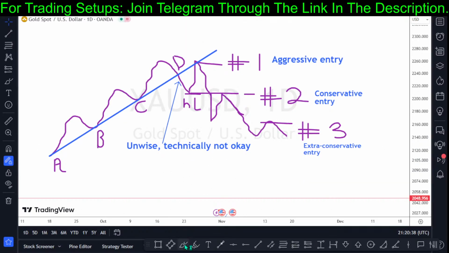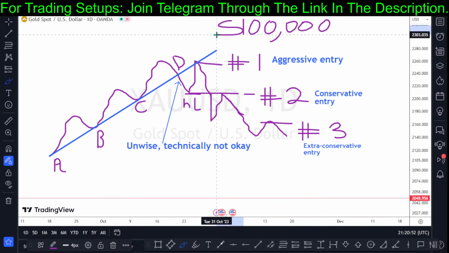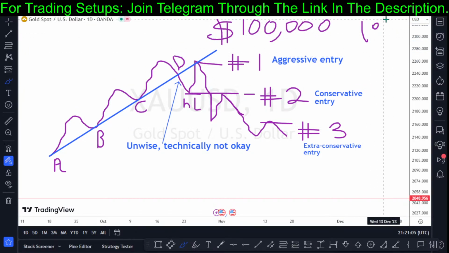So when you make your first entry at the aggressive entry, you reduce your position size. For example, if you have a $1,000 trading account and as a rule of thumb, you don't risk more than 1%, you want to risk 1% on your trading account.